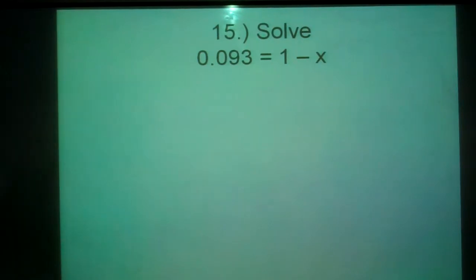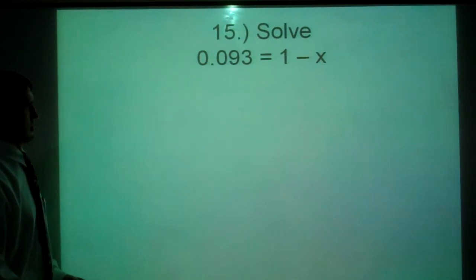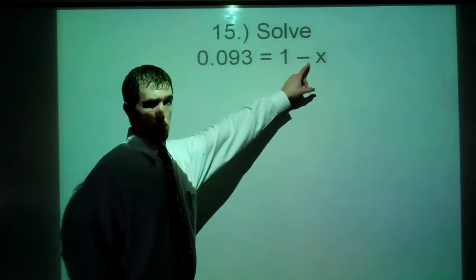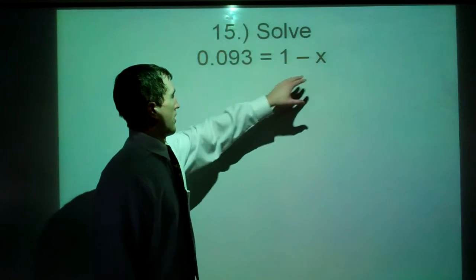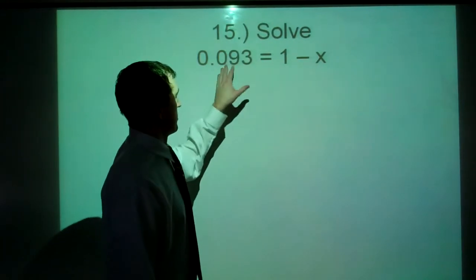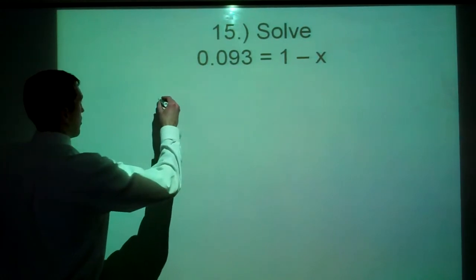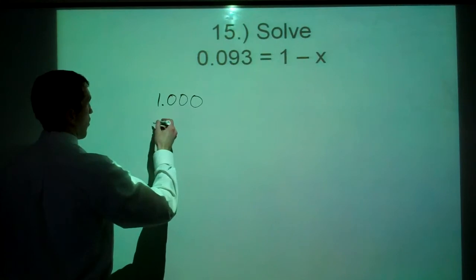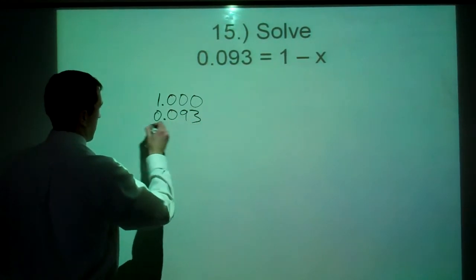This one is a little bit different. It's the same concept, except we aren't going to add. I know we're subtracting here, but we're subtracting a letter. So 1 minus something gets us here. So if we add these two, we're going to get the wrong answer. It actually is 1.000, or 1 minus 0.093.